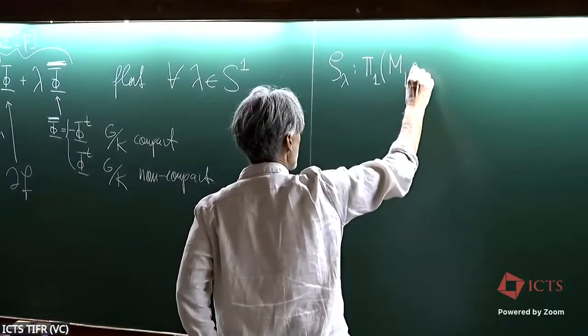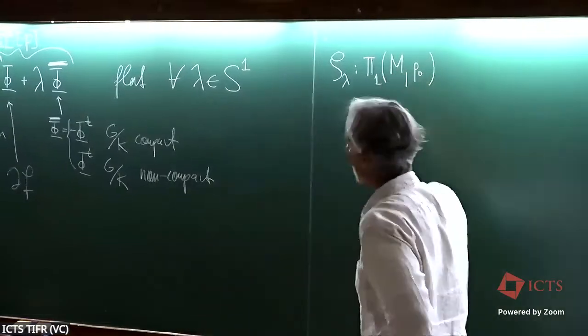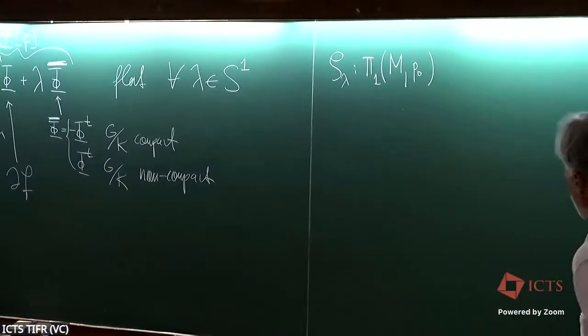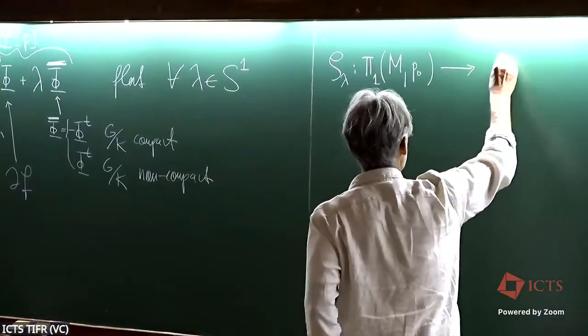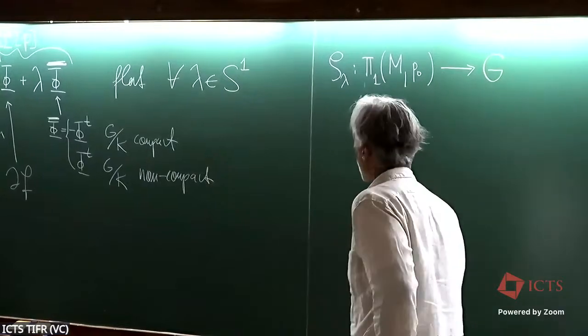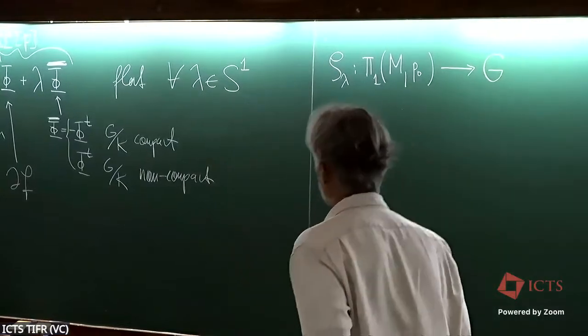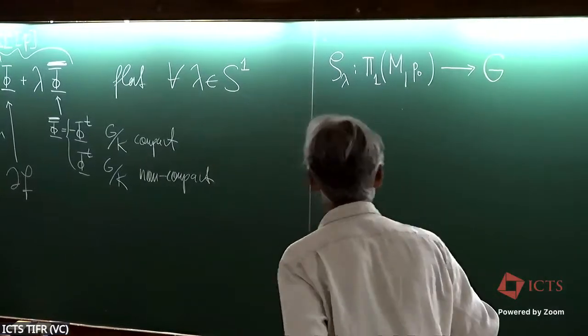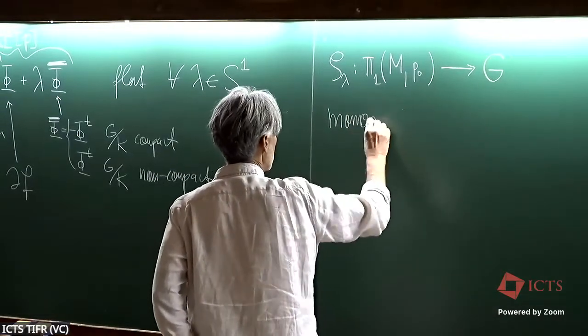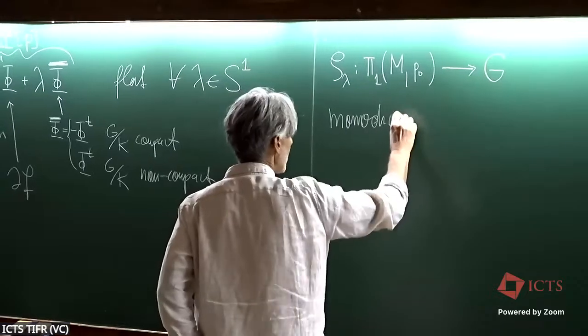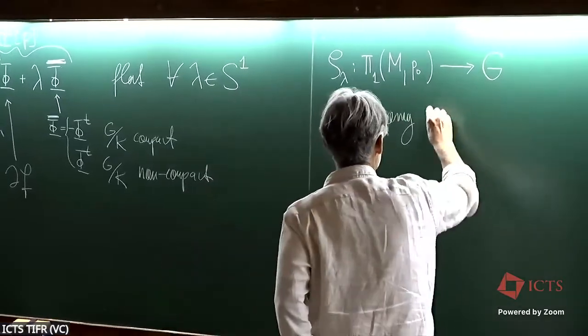I choose a base point on my Riemann surface M and look at the monodromy representation of this connection into the group G. The whole thing is a G connection. So this is the monodromy, or holonomy, the same for me, of d lambda.